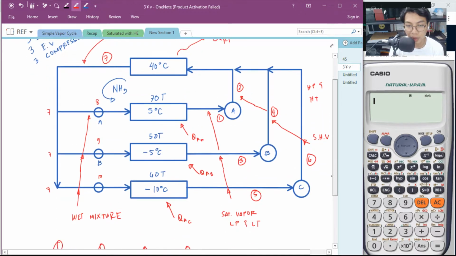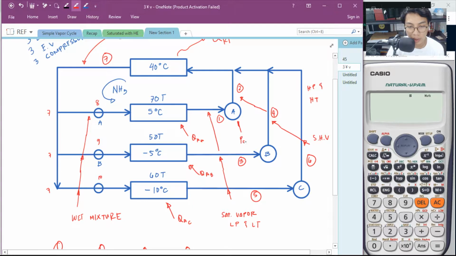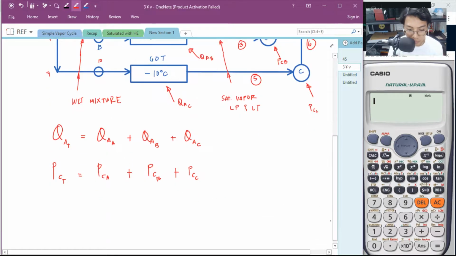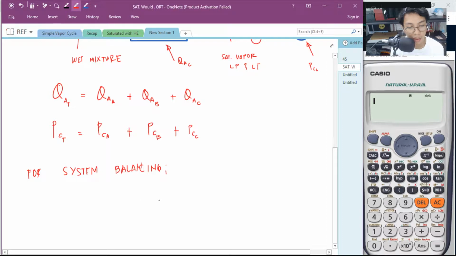Now, sa power naman ng compressor, ito yan. Compressor power at A, compressor power at B, compressor power at C. Now, yung total naman sa iyong compressor will be yung power ni compressor A plus power ni compressor B plus power ni compressor C. Now, for system balancing, laging si QA total plus work ni compressor total, that is equal to the QR total.